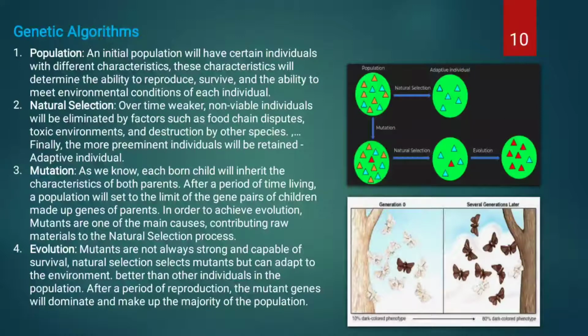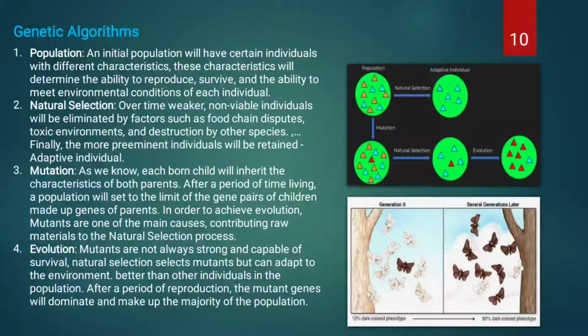In this slide, I will talk about the relationship between the components of a genetic algorithm. Population: an initial population will have individuals with different characteristics.